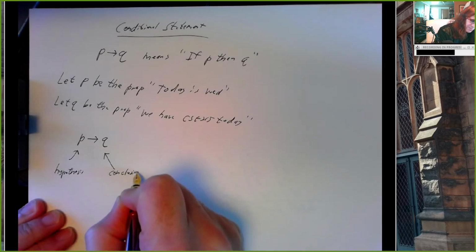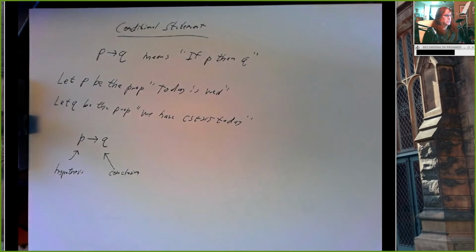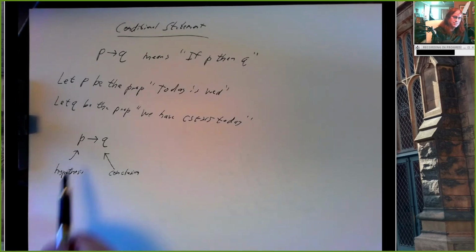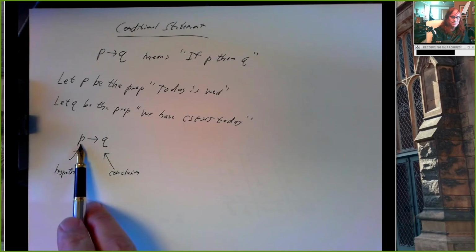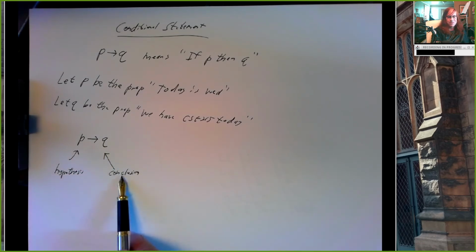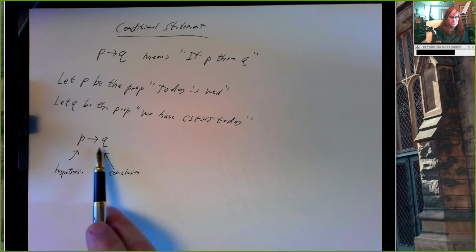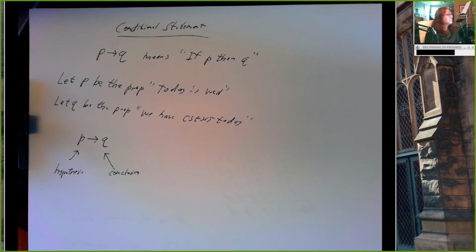And we'll use these terms a lot when we're talking about conditionals and about proofs. So the hypothesis is the thing that we're asking if it's true, and the conclusion is the thing that we're saying if the hypothesis is true, then the conclusion is true.